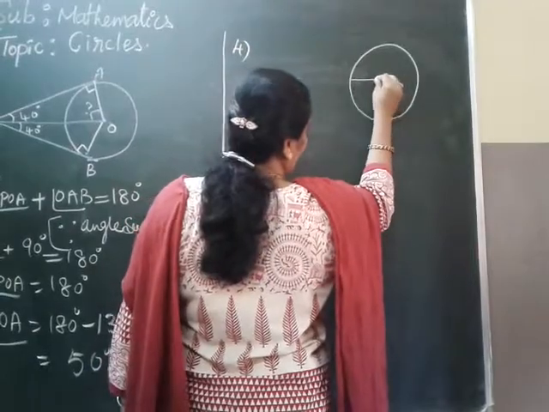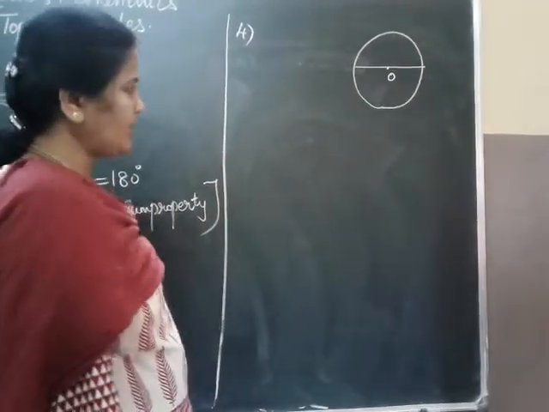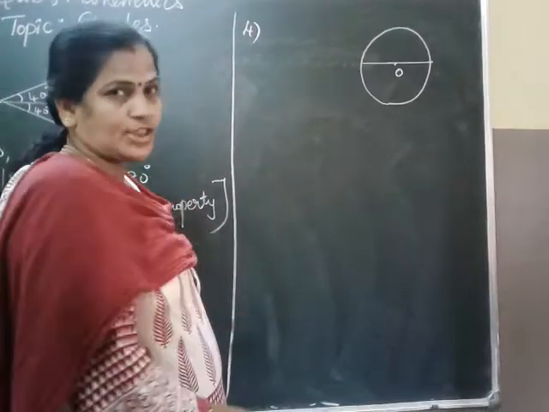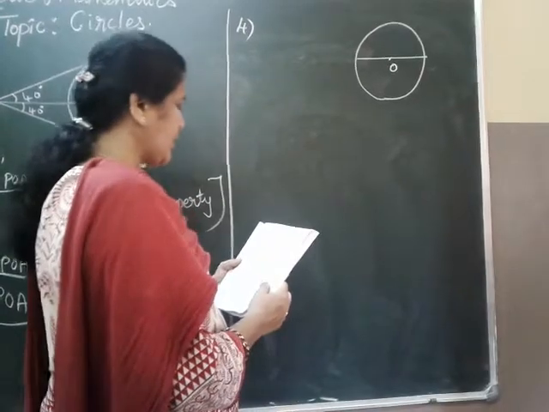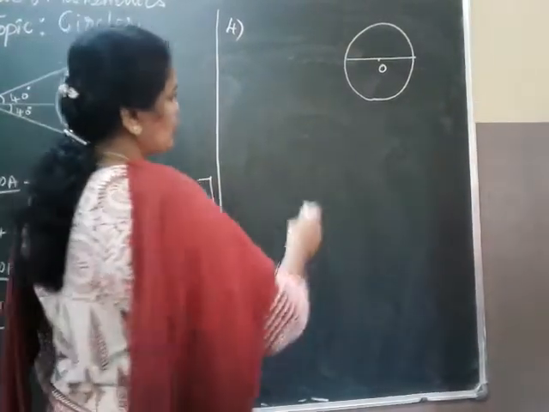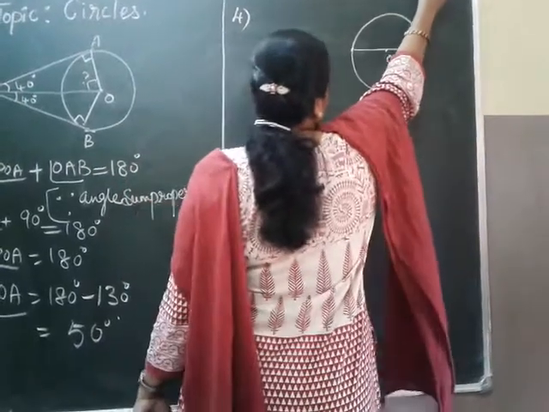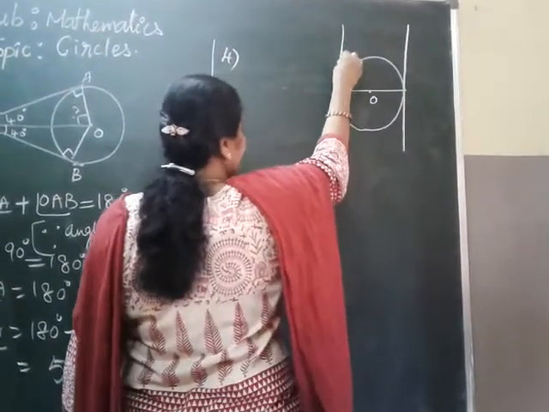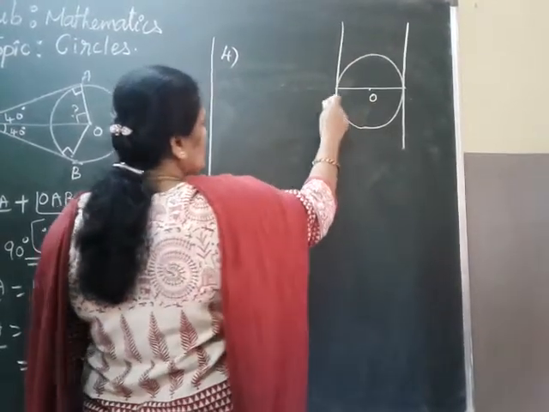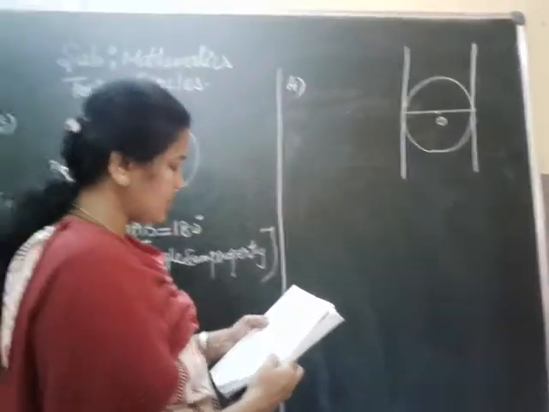You draw the chord through the center, which is nothing but the diameter. This is one end, this is another end. If you draw the tangents at this end and at the other end, we want to prove that the two tangents are parallel.